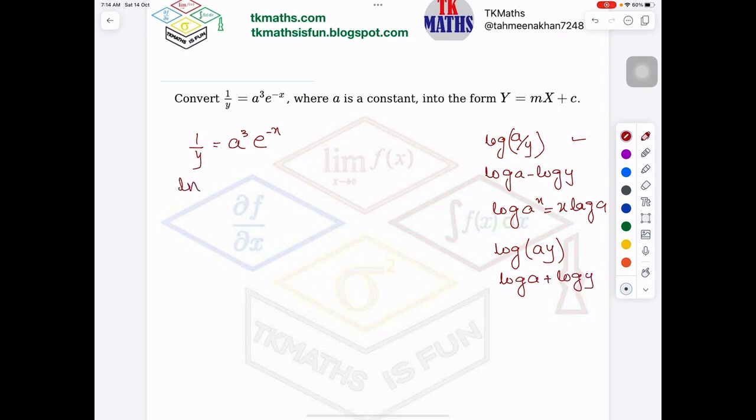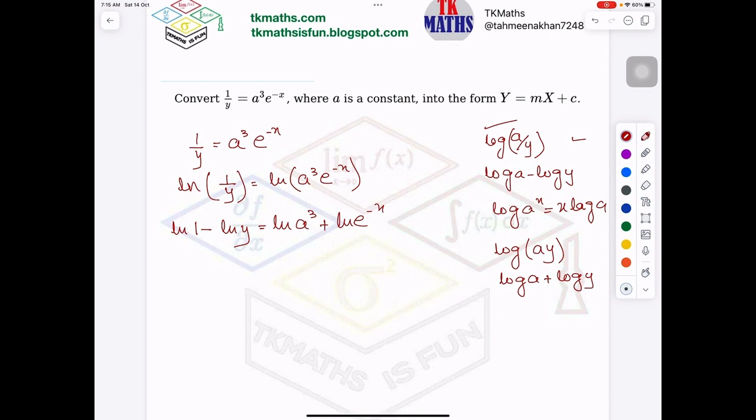So this we will apply here. For example, I am taking ln on both sides. So it will be ln. Don't forget to put the bracket here because that is extremely important. So now this side will become ln 1 minus ln y because of the quotient rule. And because of the product rule, this will become ln a cube plus ln e power minus x. Now we know ln 1 or log 1 is always 0.